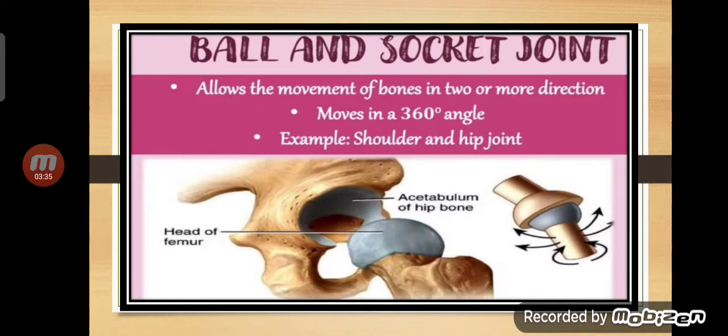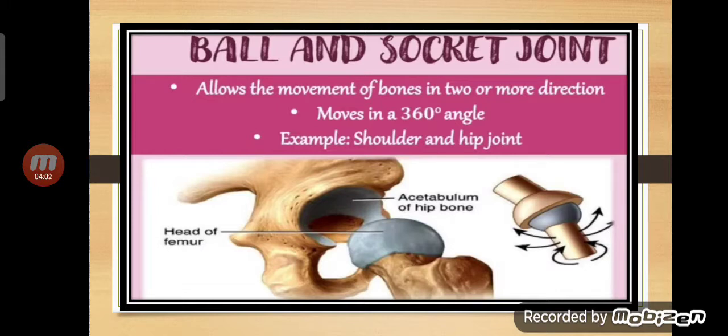It moves in an angle of 360 degrees. Example, shoulder. As you have done exercise in your PT classes, children, you can move your shoulder in two directions or maybe more than two directions. So this type of bones move in a 360-degree angle.